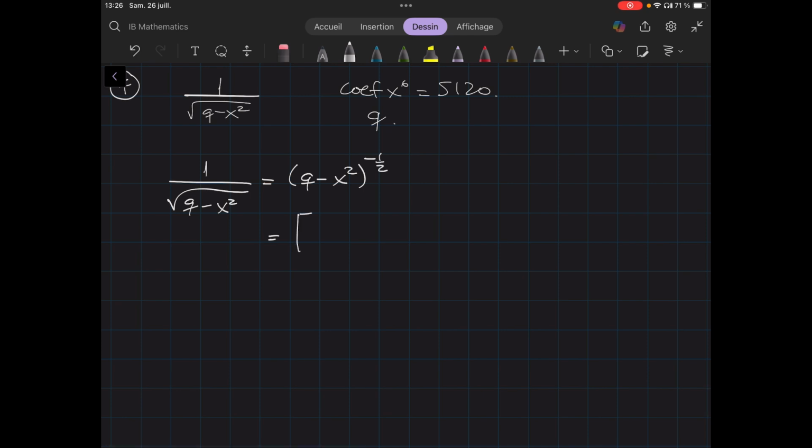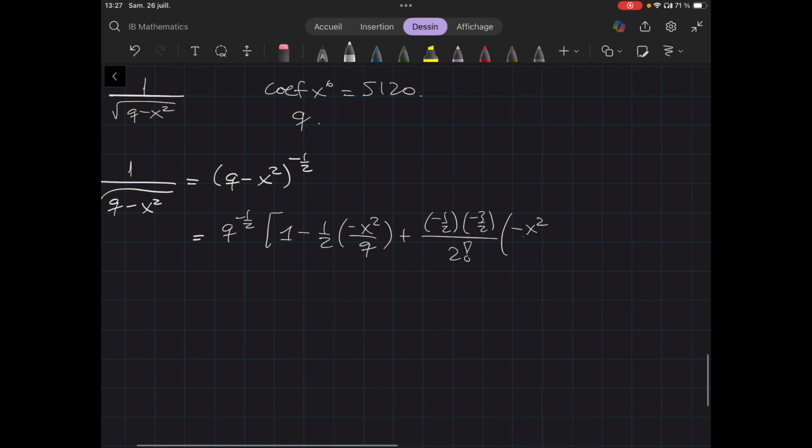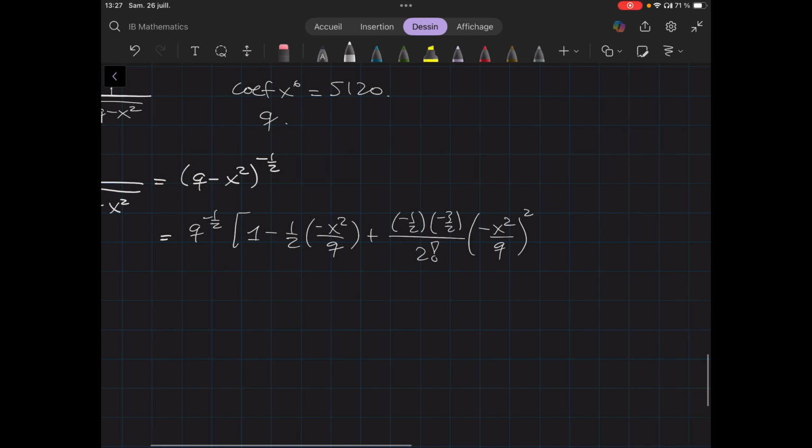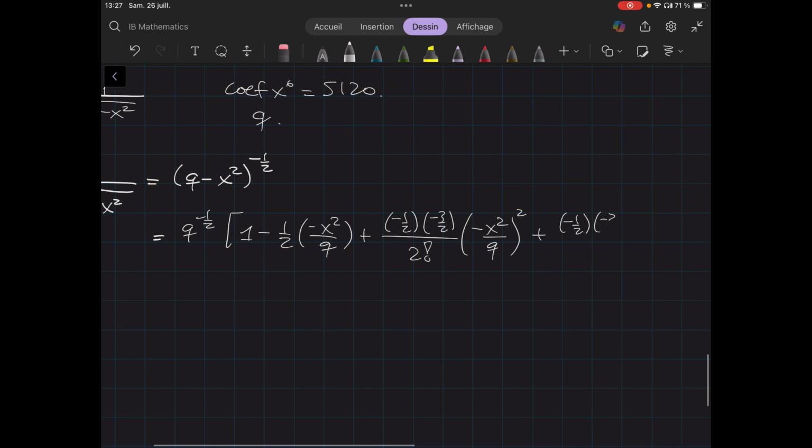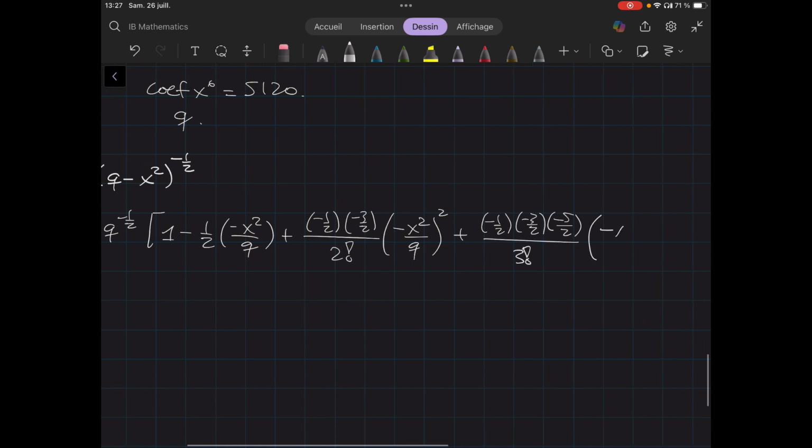Using the binomial theorem expansion, from your formula booklet, you will get Q to the power -1/2 times 1 minus 1/2 times -x squared divided by Q plus -1/2 times -3/2 divided by 2 factorial -x squared divided by Q squared plus -1/2, -3/2, -5/2 divided by 3 factorial -x squared over Q cubed, and so on.